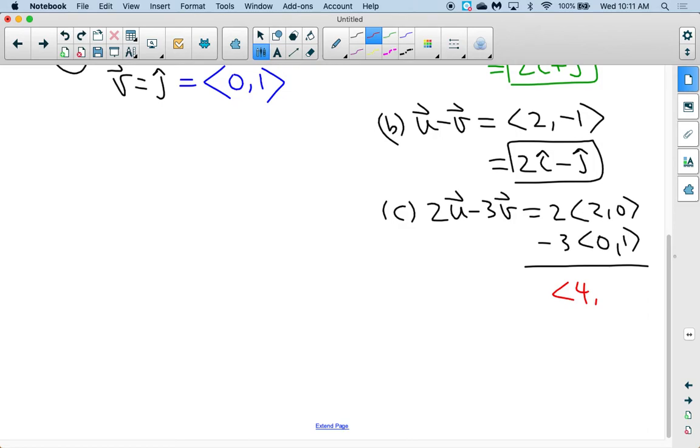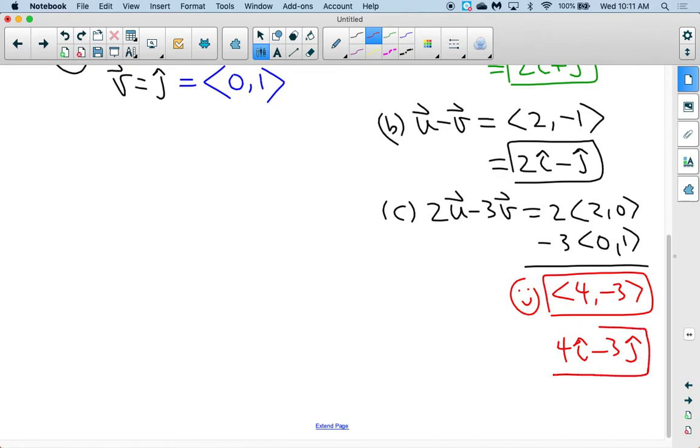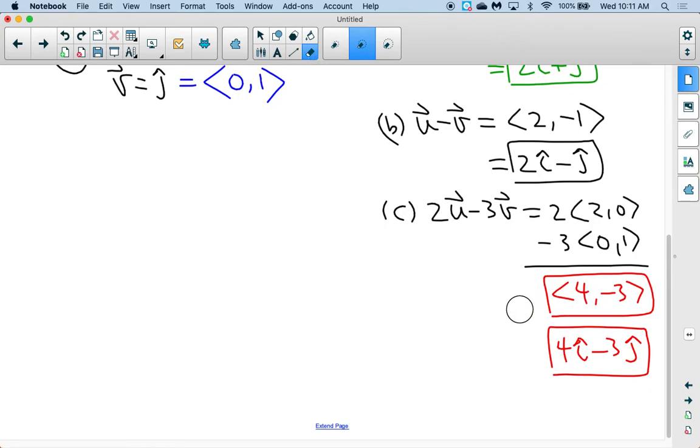And then 0 minus 3 would be negative 3. So that would be 4i minus 3j. That's the way you really would want to write it. Let's put our smiley face on this one.